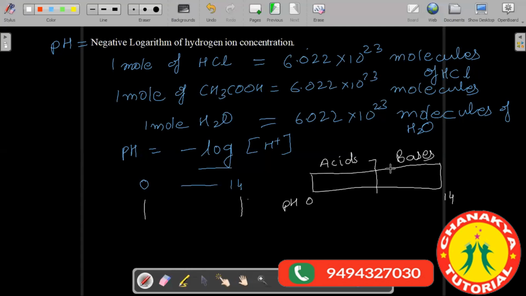Okay. So from 7, as you move towards 0, your acidic nature increases. You become more acidic as you move towards 0. And from 7, as you move towards 14, the solution becomes more basic and less acidic.